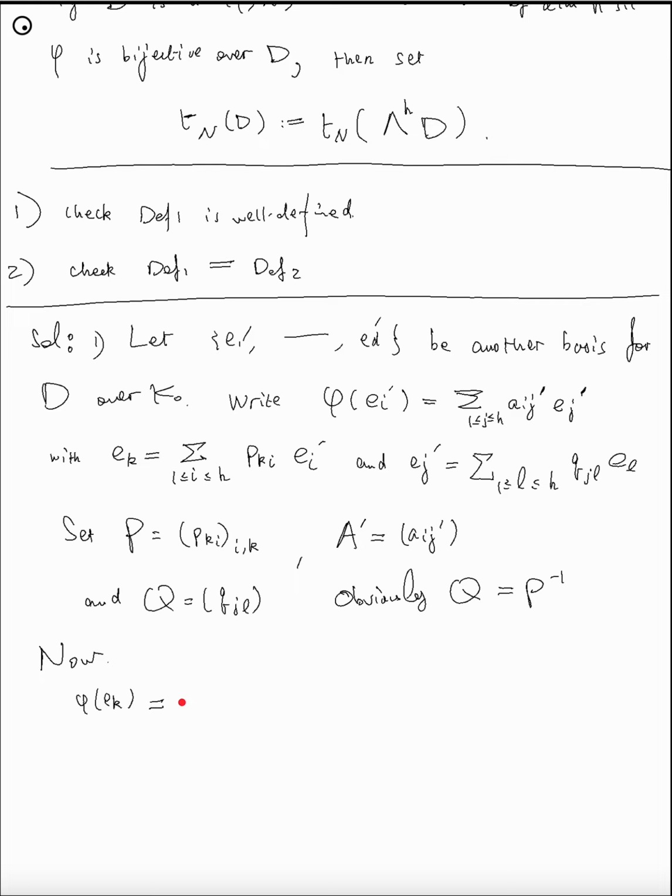Firstly, we write Frobenius of Ek. It has a relation with Ei prime, and then by semilinearity, I could separate this phi Ei prime, and then could continue.